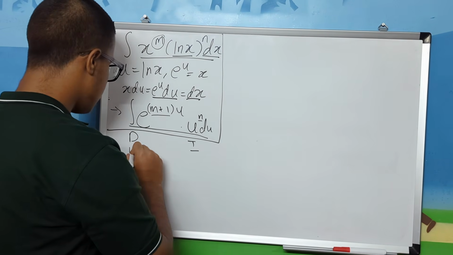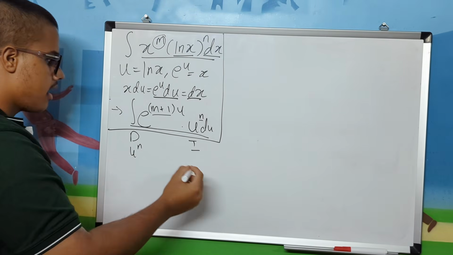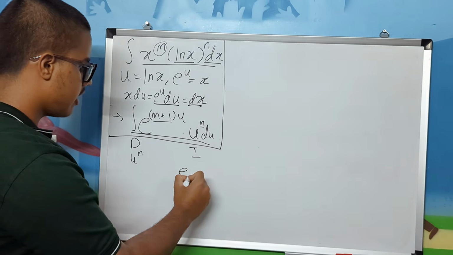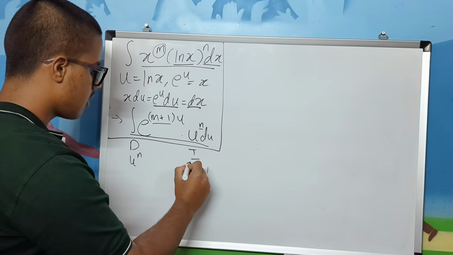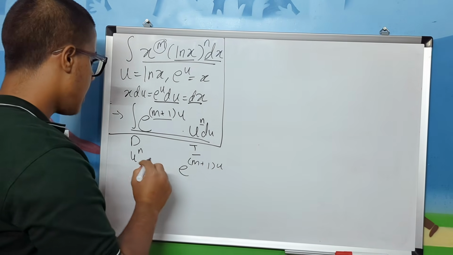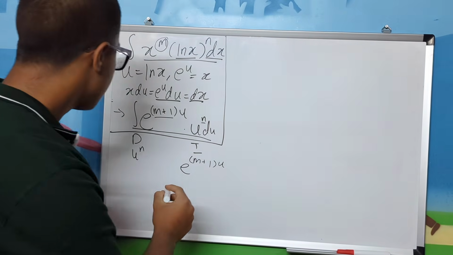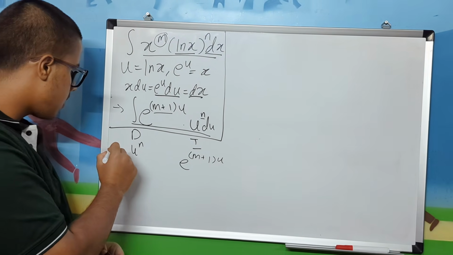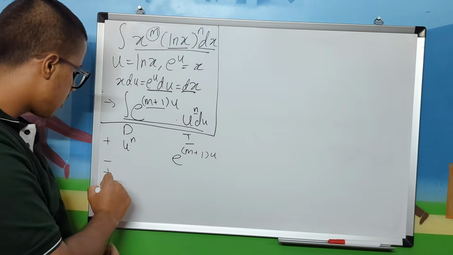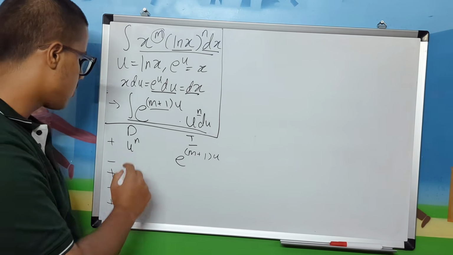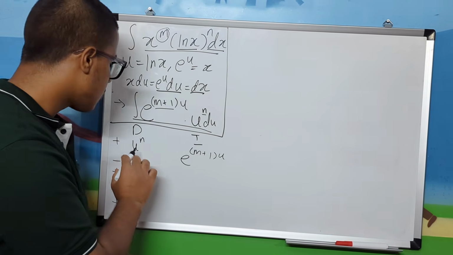We'll differentiate u to the n and then integrate the exponential. First let's put an alternating pattern of signs, and so on will continue.